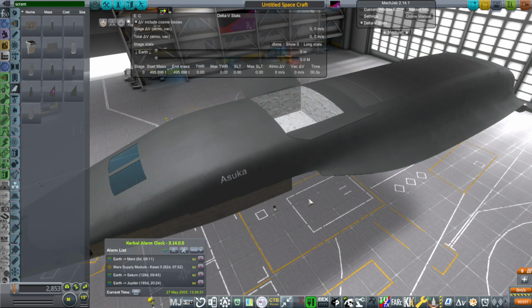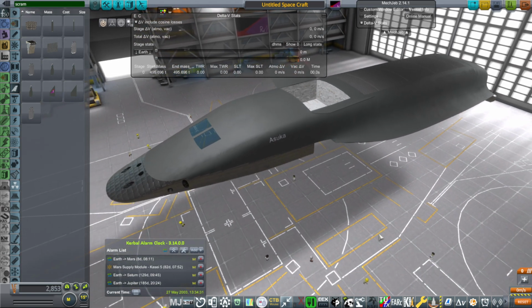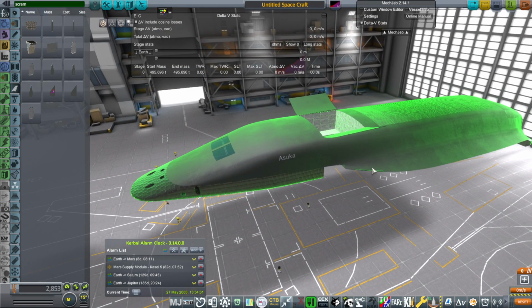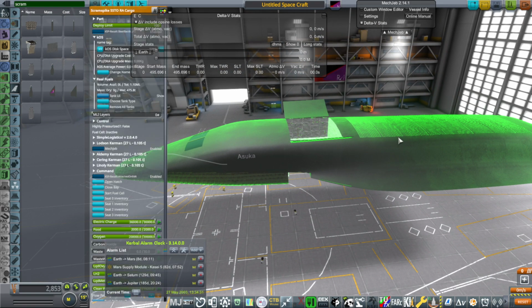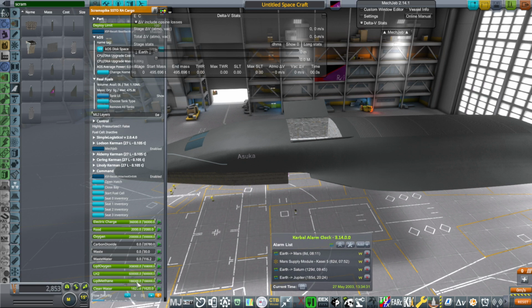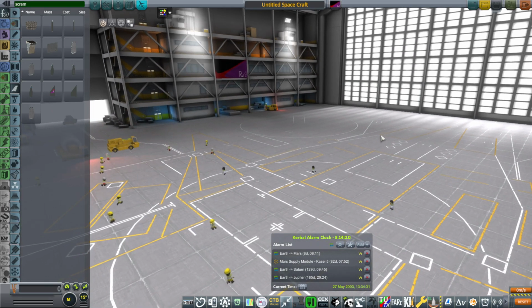It needs some sort of boost, and one option for a boost is a rocket sled, which I had, but that's not a spacecraft, so I won't talk about it in this video. But I did make a rocket sled, and that is an option for launching the Asuka spaceplane. So anyway, the cargo bay version requires the triple propellant engines, and that adds density but kills the mass. That is the sum total of that.